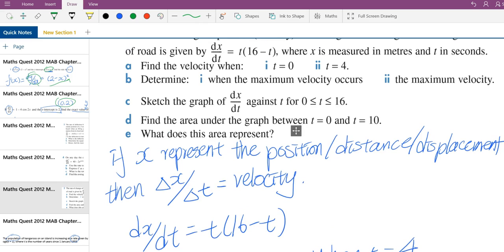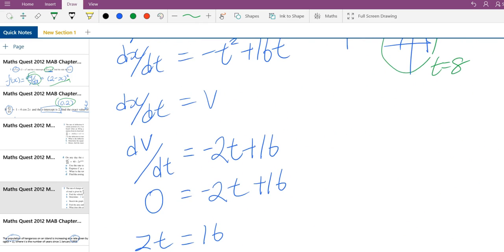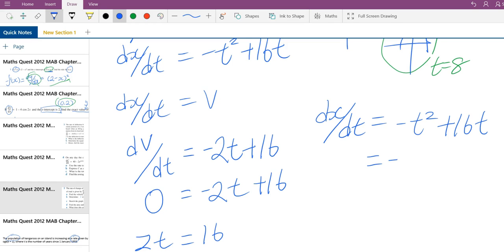So the next one is the maximum velocity. Well, for the maximum velocity, we just use our velocity equation again, which is dx/dt, not the v, which is equal to negative t squared plus 16t, and sub in the 8 seconds. So it would be negative 8 squared plus 16 times 8.